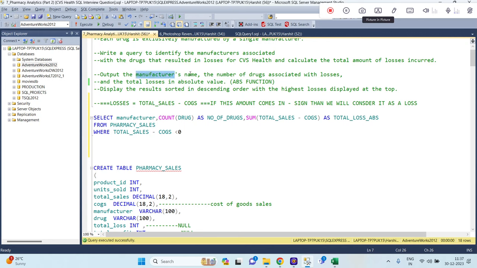Output the manufacturer name, the number of drugs associated with the losses. And if we are doing the manufacturer name along with count and sum, then obviously we have to do group by manufacturer, right?